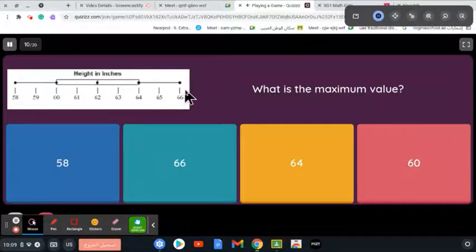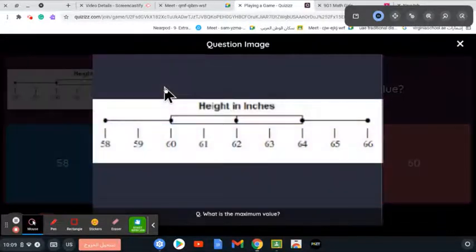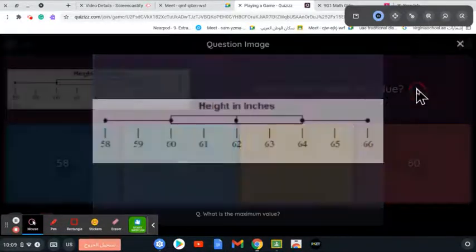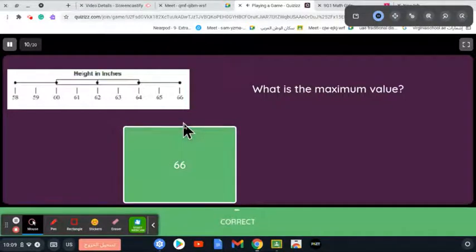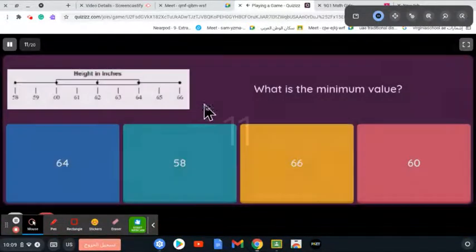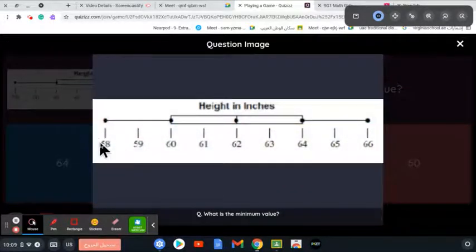What's the greatest number? By looking at the picture, you see 66 is the greatest number. And what's the minimum value? By looking at the picture, it's 58.